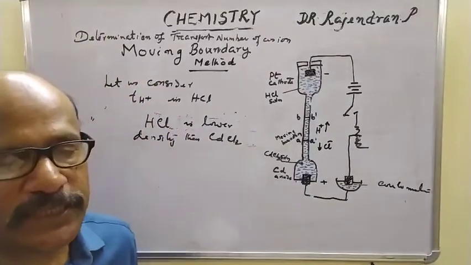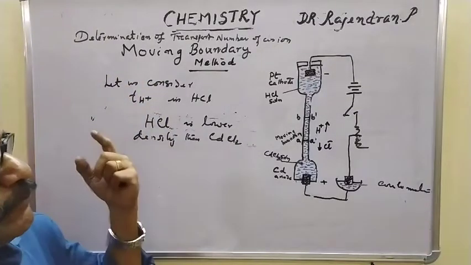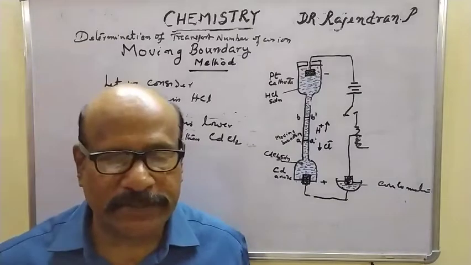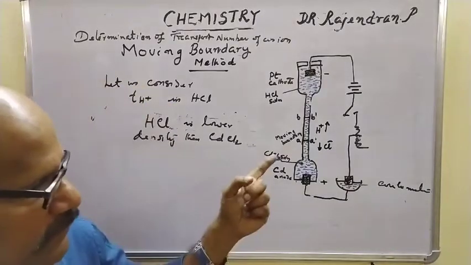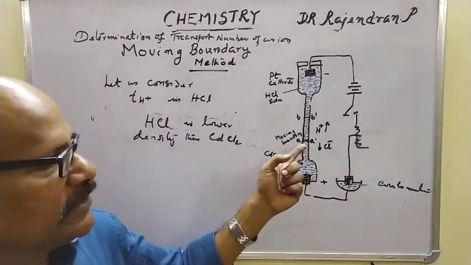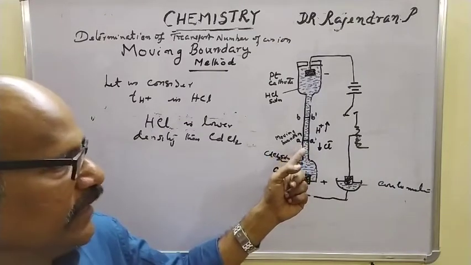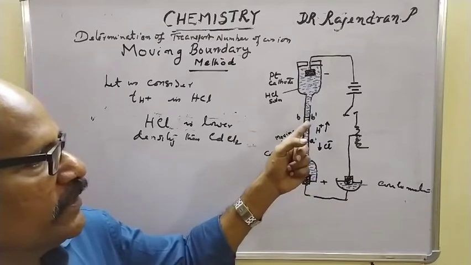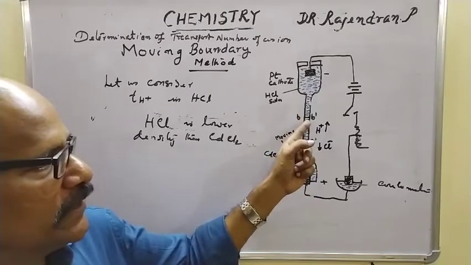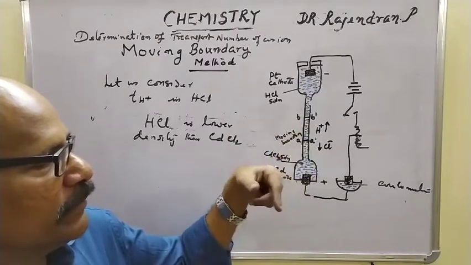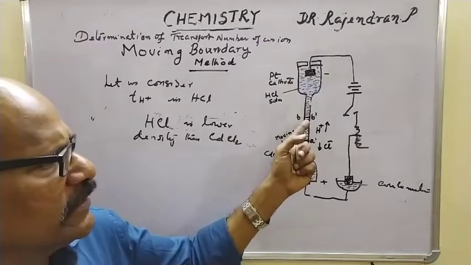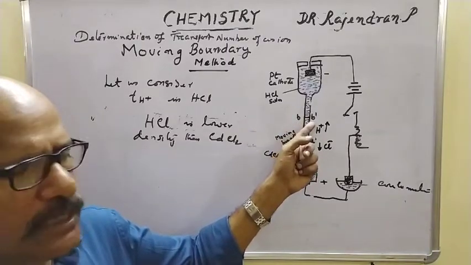Under the influence of the electric field, the H plus ion moves upwards and its mobility is much higher than Cl minus, which is going downwards. It can be seen that the initial boundary of the solution, A dash, now travels a distance upward and reaches a new boundary, B dash.